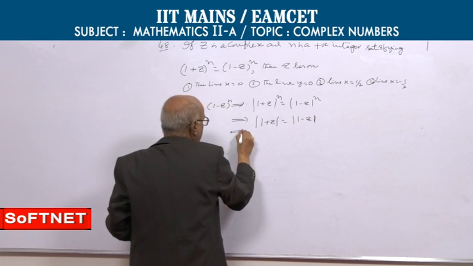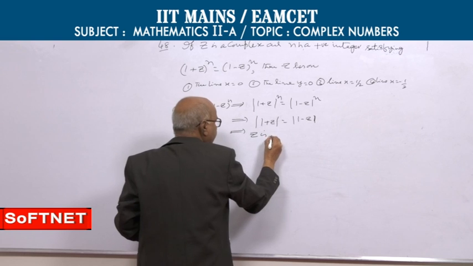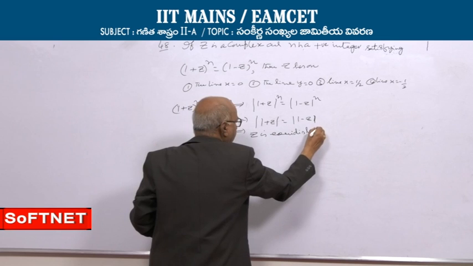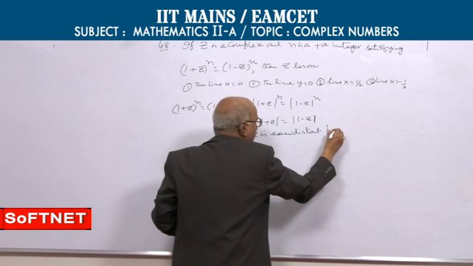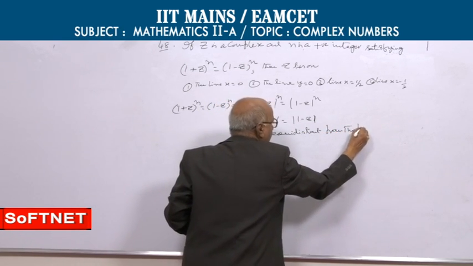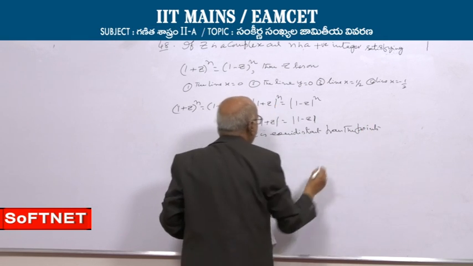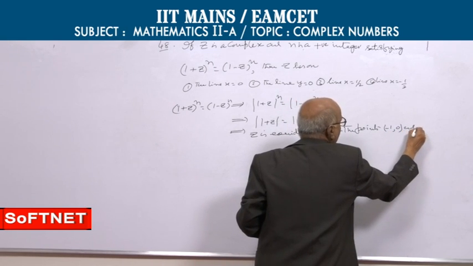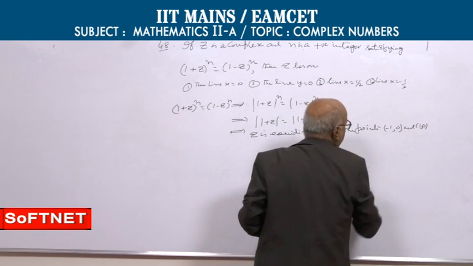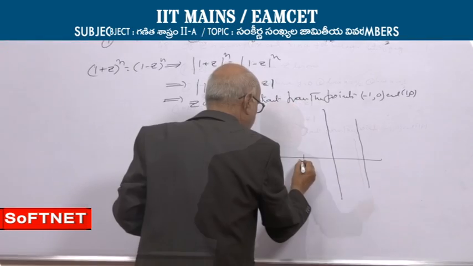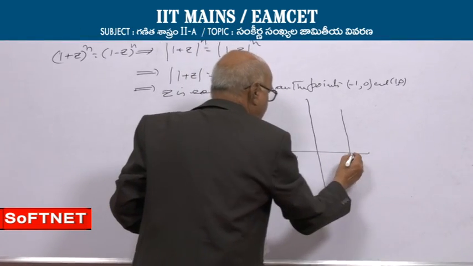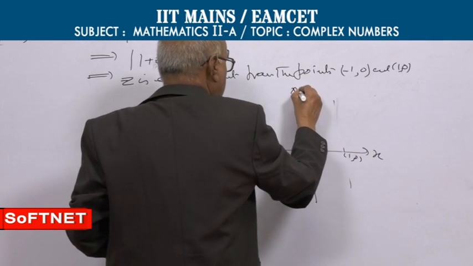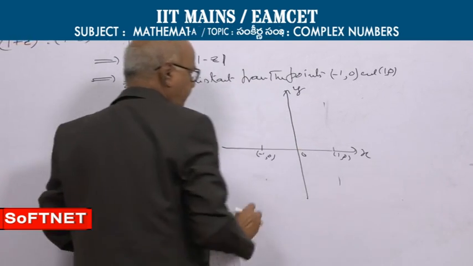So that means z is equidistant from the points minus 1 comma 0 and 1 comma 0. That means this is minus 1 comma 0 and plus 1 comma 0. So this is x-axis, this is y-axis, origin.